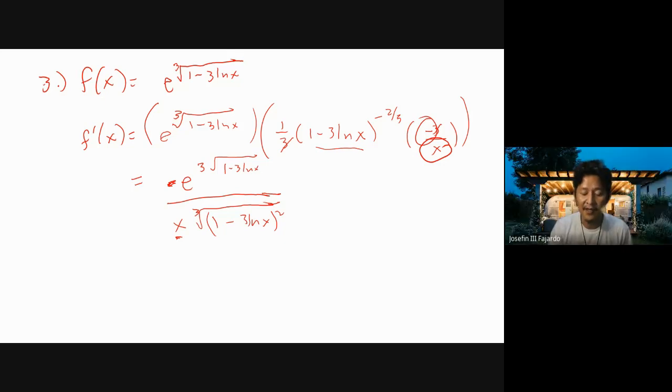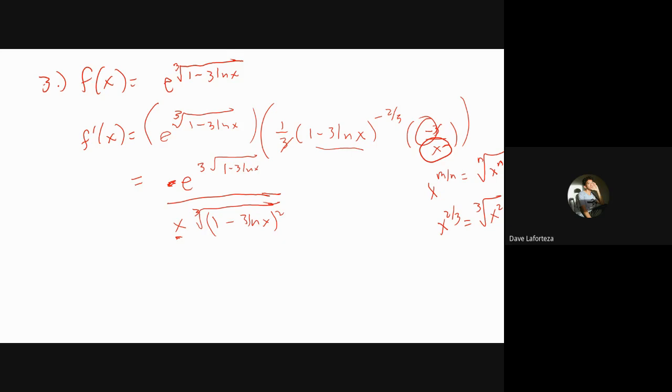Pag may negative na exponent, ilalagay natin sa baba. Ang magiging exponent niya ay 2/3. Kapag meron tayong exponent na 2/3, kunwari x to the 2/3, pwede na rin siya isulat as cube root of x squared. Yung x to the m over n ay the nth root of x to the m.